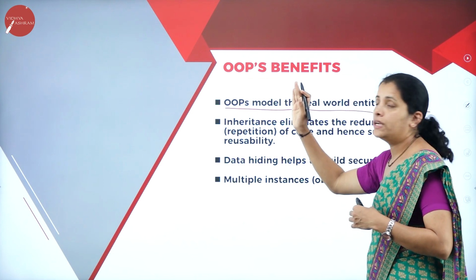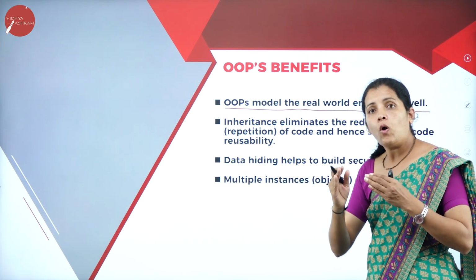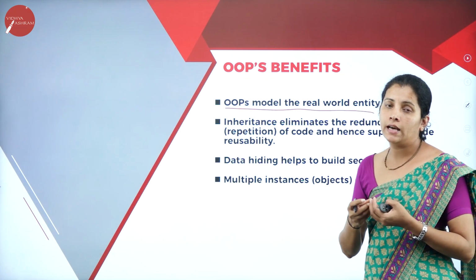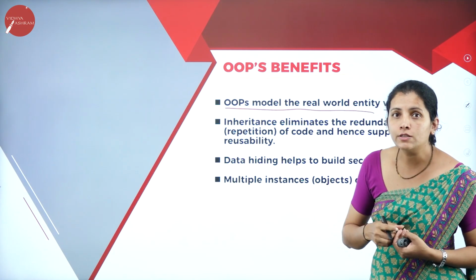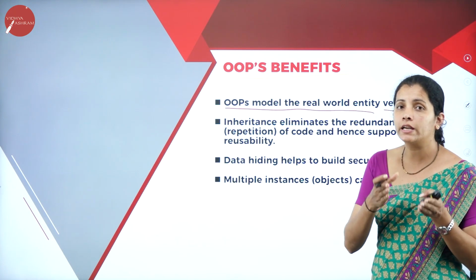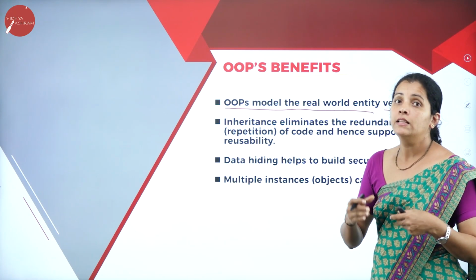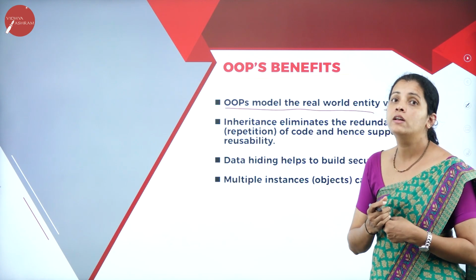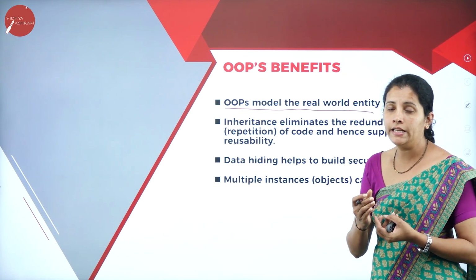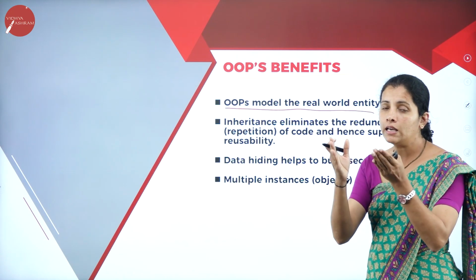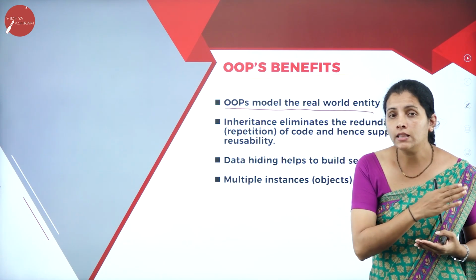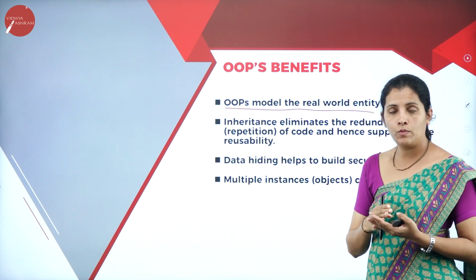So in an object-oriented program, all the things are considered as classes as well as objects. So what is an object? That is nothing but the real world entity. An example for a real world entity is the car. So if car is my class, then what are the properties of car I'm going to have?